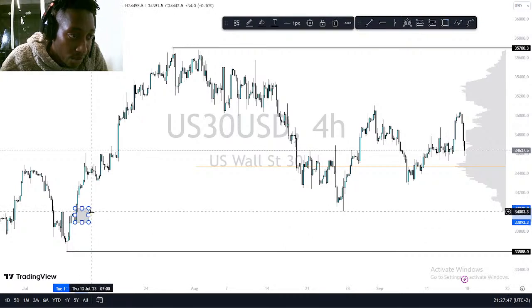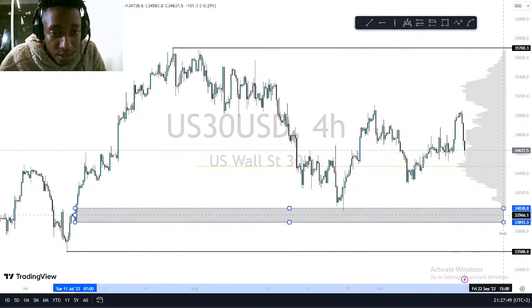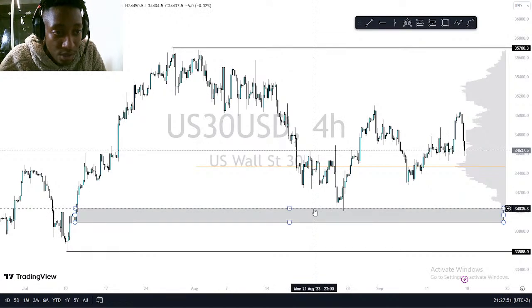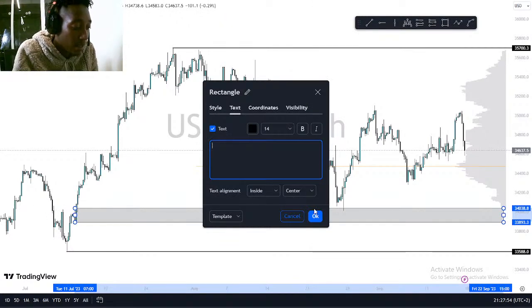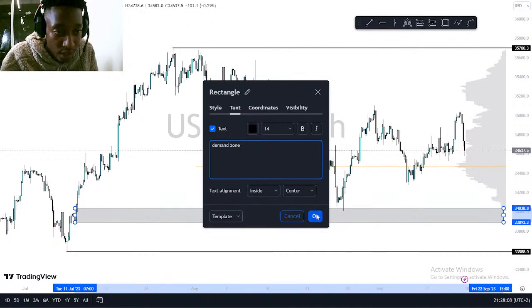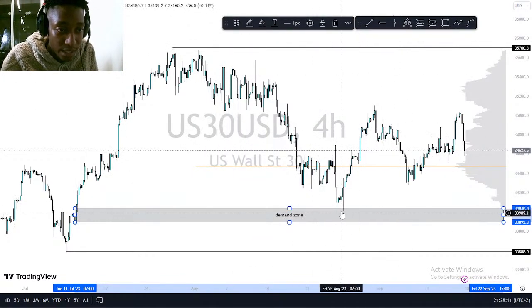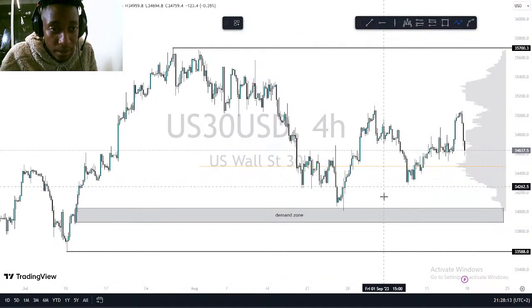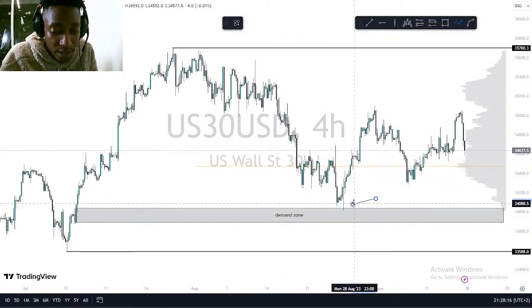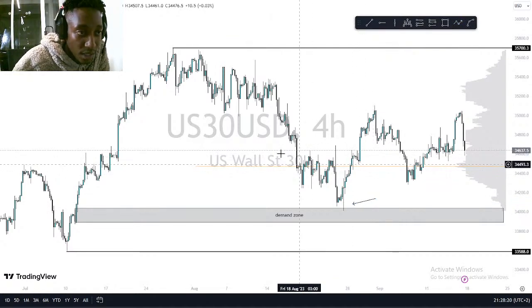We are marking our demand zone, and you can see that our demand zone has been mitigated. That was supposed to be our sniper entry exactly here, where the demand zone got mitigated.